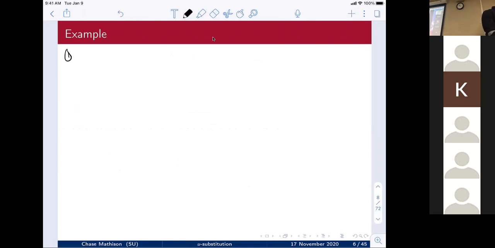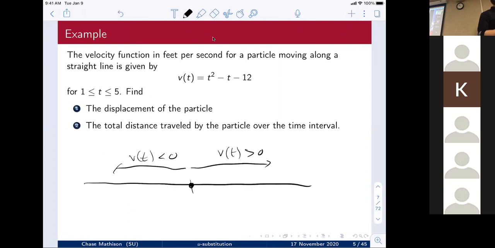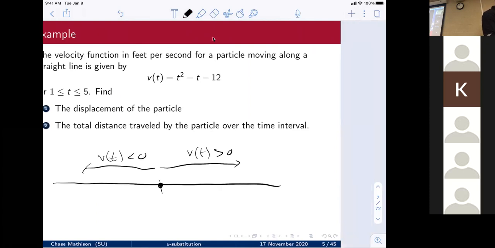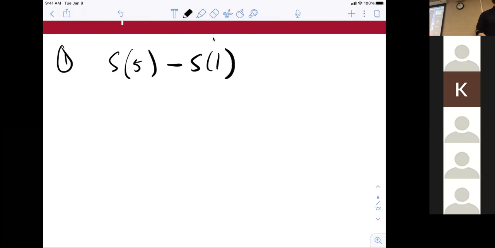Because remember, the displacement is just s. We're finding this displacement between t equals 1 and t equals 5. Well, displacement is just where did you end, where s is my position function. We're not actually going to find the position function. But where did you end minus where did you start? That's displacement.